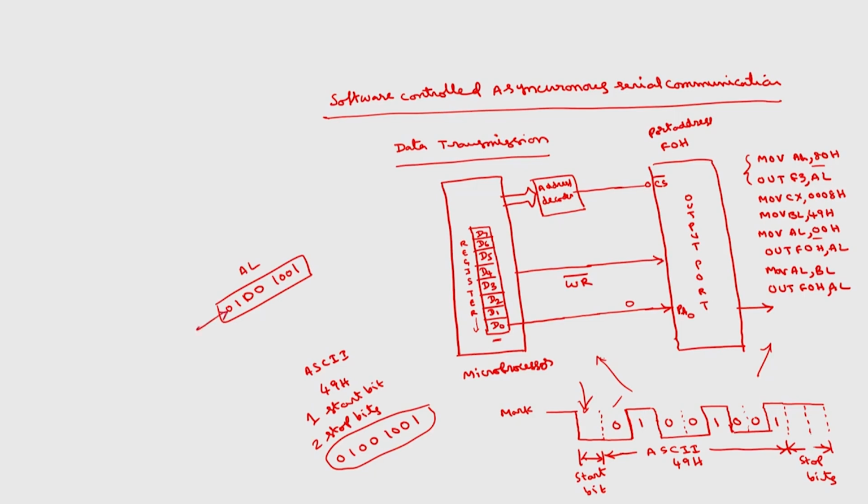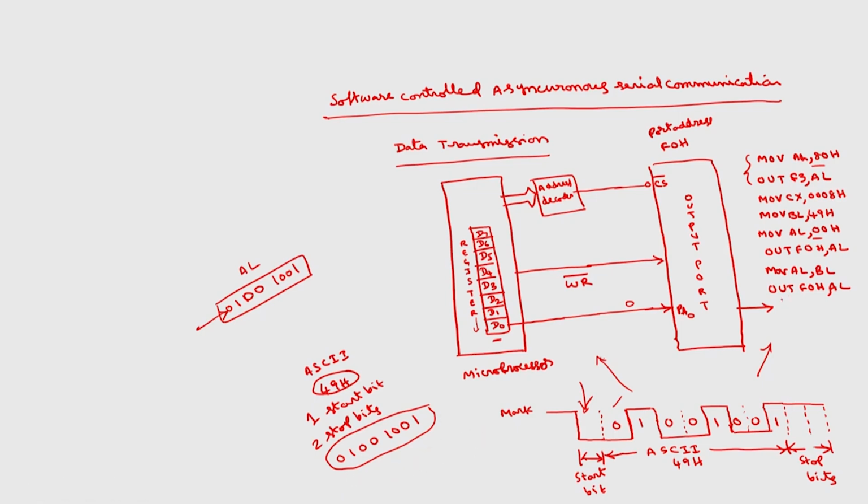Otherwise you can take this data in the reverse order. If I take 94H instead of 49H, 1 0 0 1 0 1 0 0, the first bit transmitted will be this one. Now, I will just shift these bits.